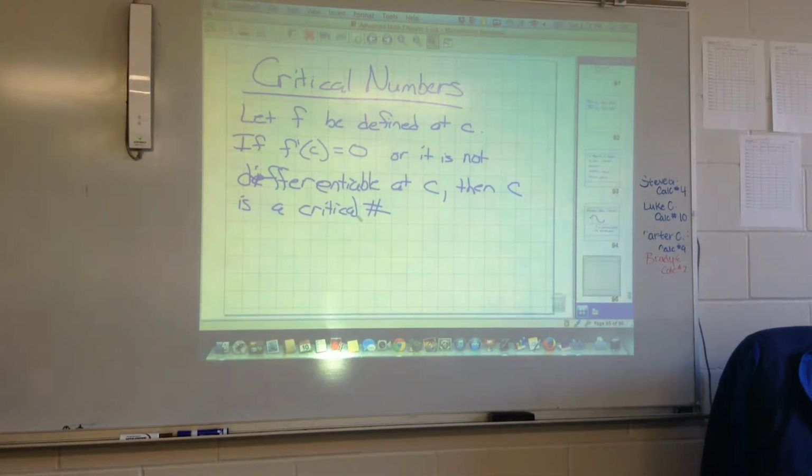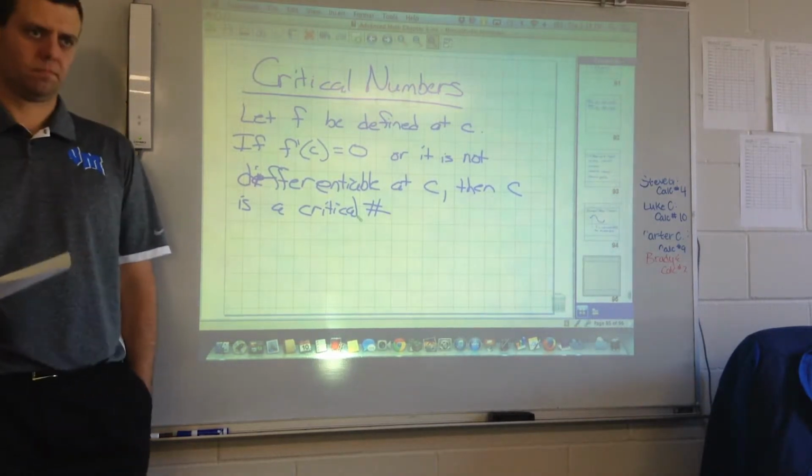Okay? So if the derivative equals 0, or if it's not differentiable, or the derivative is undefined in a sense, then c is a critical number on that function.